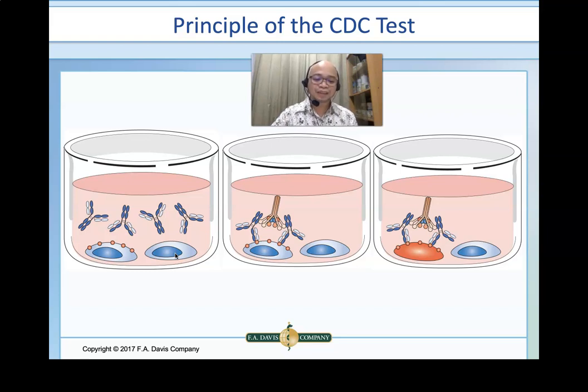After incubation with the antisera, we will be adding complement. A complement reagent is added, and complement will eventually bind. Binding of antibody occurs only if the lymphocyte expresses the HLA antigen targeted by the antisera.